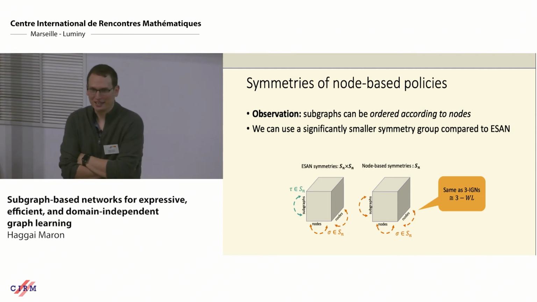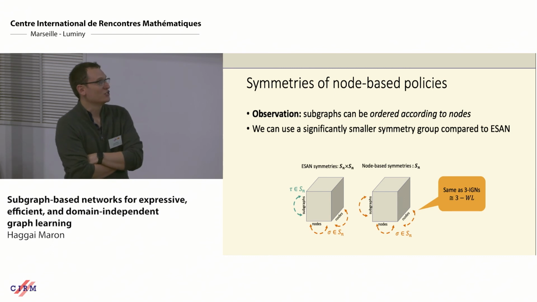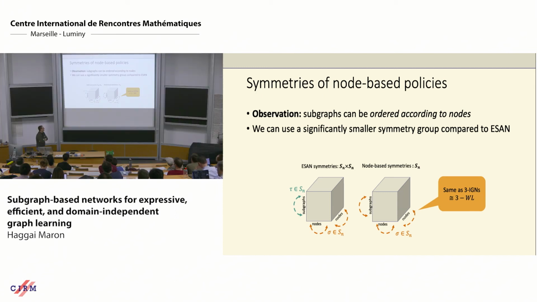While this seems like a technical thing, it actually shows that we can model our symmetry group in a different way. So I would like to remind you that in the previous paper, we had independent permutations for the subgraphs and for the nodes. But in our new case, we can use exactly the same permutation. That means that the symmetry group can be chosen to be just Sn, the symmetry group on n elements, and not a product of 2 groups.